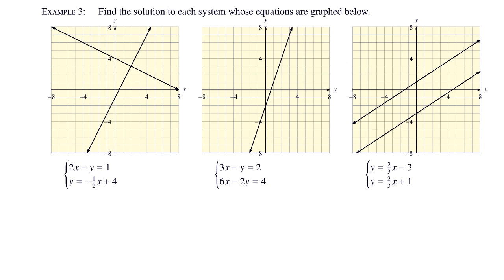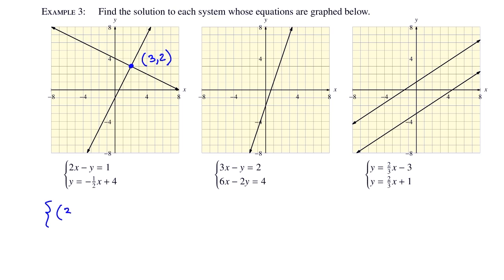So in the first one here on the left, we have the line 2x minus y equals 1 and y equals negative 1/2 x plus 4. Those 2 lines intersect at this point, which is (2, 3). And so the solution is (2, 3).